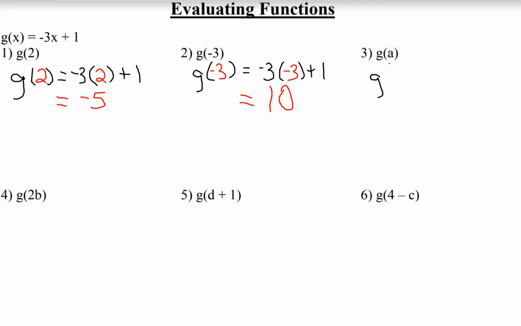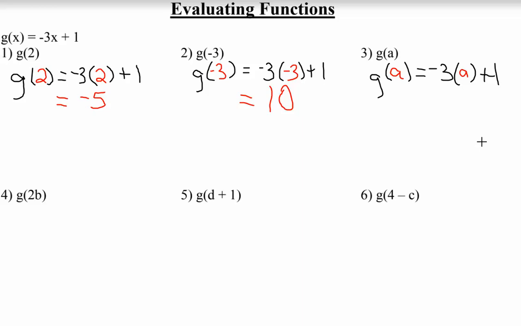Alright, and for number 3, same process. Rewrite everything, leave yourself a blank. Oh, sorry, got ahead of myself. So now right here, a lot of you might be thinking, hey, wait a minute, that's not a number.